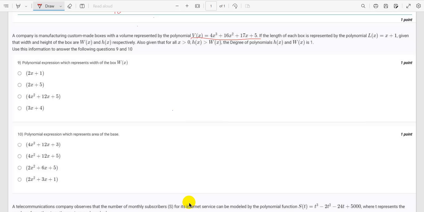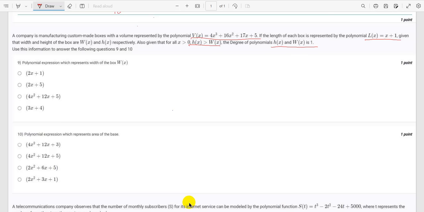If the length of each box is represented by the polynomial L(x), this is our length, given that width and height of the box are W(x) and H(x) respectively, also given that for all x greater than 0, H(x) is greater than W(x), that means height greater than the width, and the degree of the polynomials H(x) and W(x) is 1. These are given. So with this question statement, we have to solve 2 questions, 9 and 10.